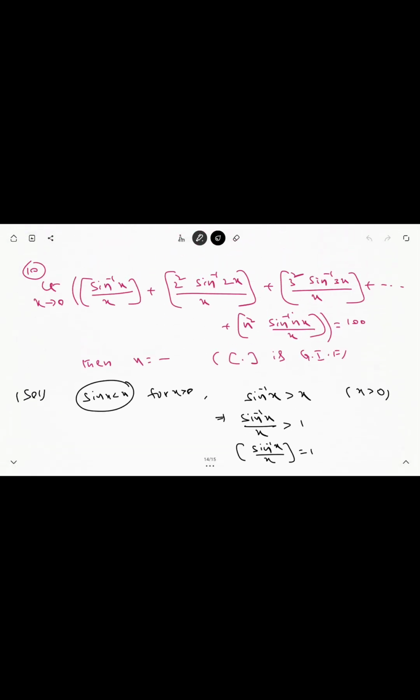So n into n plus 1 is equal to 20. It is a quadratic equation, but you have to take only a natural number here. Find the root: n is equal to 4 is apt, because it is a natural number. Whenever n is 4, we get 4 into 5, 20. So whenever this limit is equal to 100, the value of small n is 4.